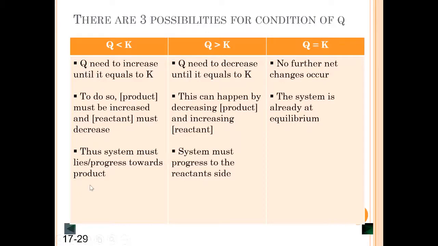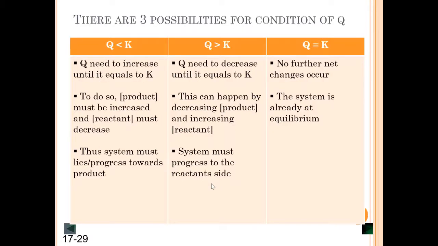Therefore, the system is progressing towards the product side, or to the right side. However, if Q is greater than K, the Q value needs to decrease until it is equal to K. This can happen by decreasing the concentration of the product and increasing the concentration of the reactant. Therefore, the system is progressing to the reactant side, or to the left side.